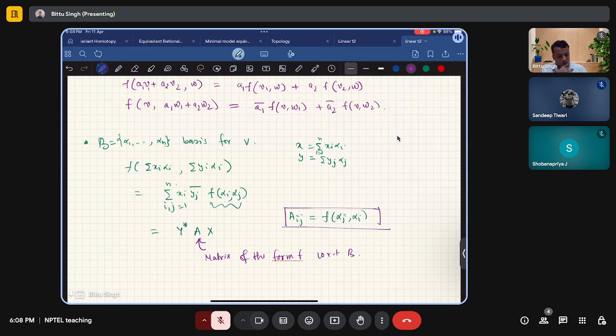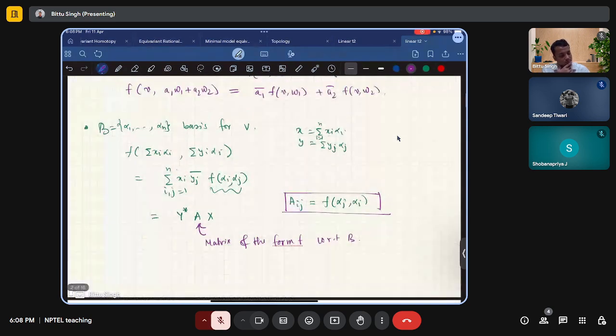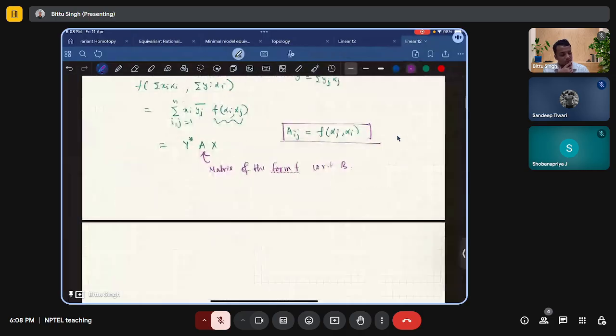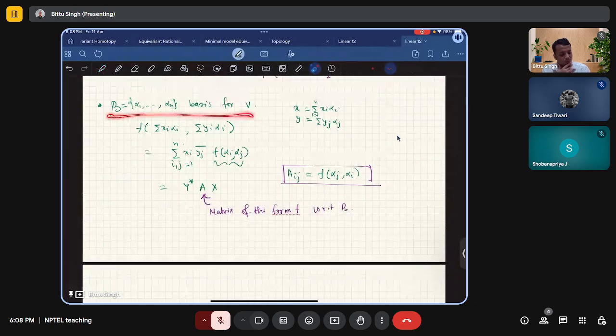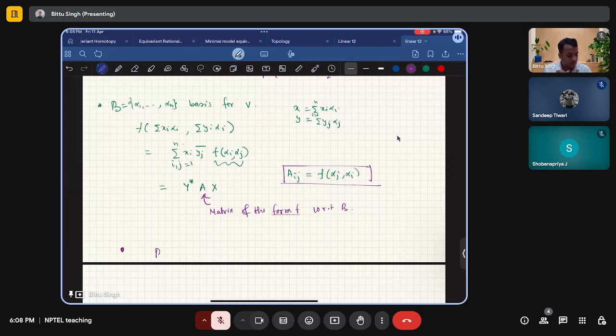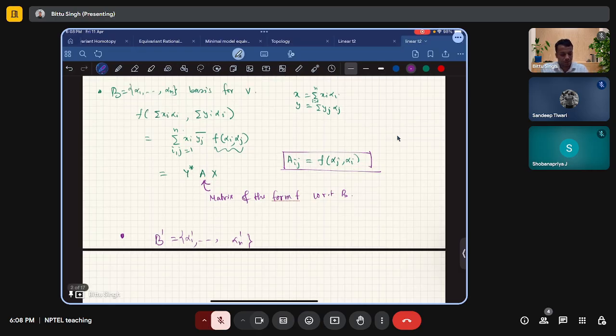And if we change the basis, for example, suppose B is the first basis, now we are changing the basis, suppose B dash is another basis, which is alpha 1 dash up to alpha n dash. Then there will be a change of basis matrix, right?